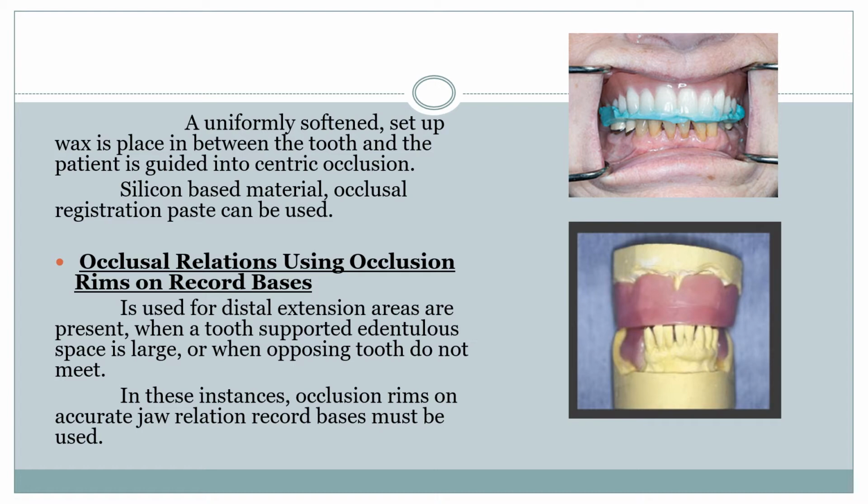You should ensure that your wax is very soft. You cannot afford to place the bite registration wax in the oral cavity after it has set, because this can lead to discrepancies in the occlusal relationships, and it might also increase the vertical dimension. So you have to make sure that the wax is quite soft.